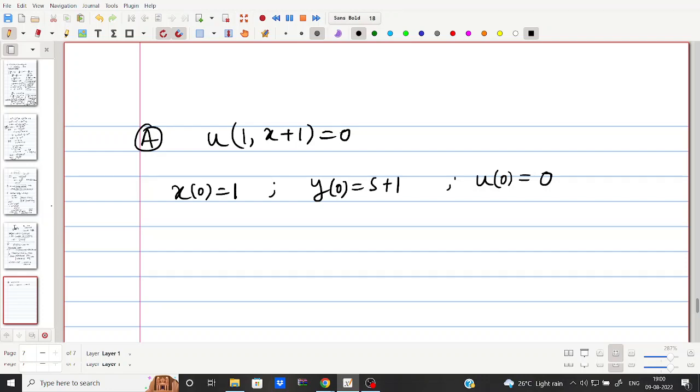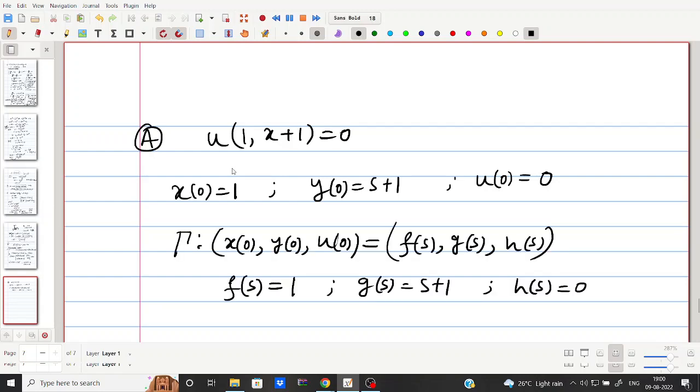I'm showing you the line again. In my last problem it was giving you x equal to 1, so I put the curve as (s, s, 1). And here it is given (1, x plus 1) is 0, so I put (1, s plus 1, 0) like that. Understand?